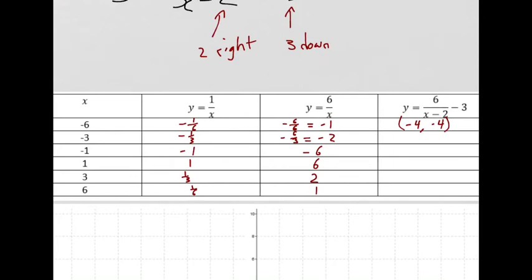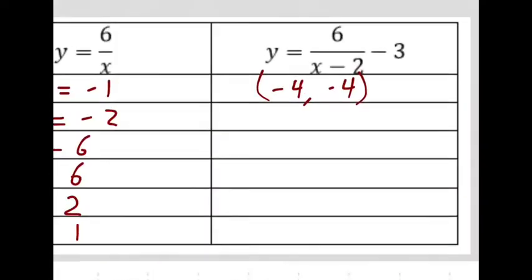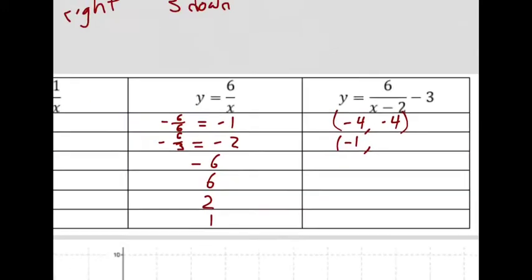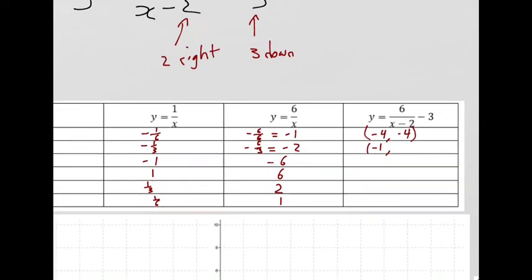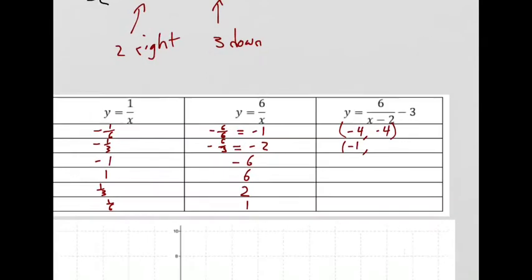See if I can get this one. Negative 3, 2 to the right becomes negative 1. Okay, so that's the x value. And then, what was the y value just before that? It was negative 2, and I went 3 down. So, negative 5.